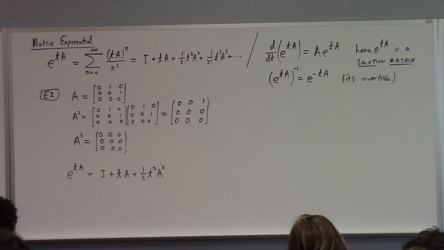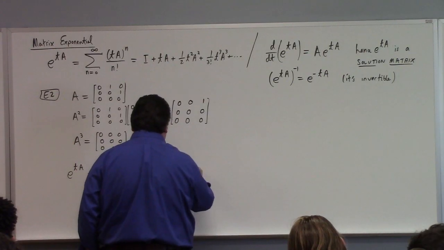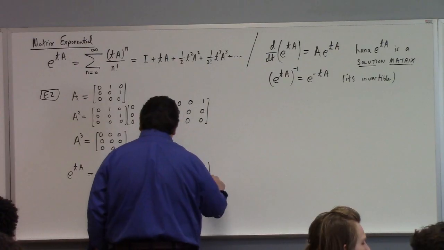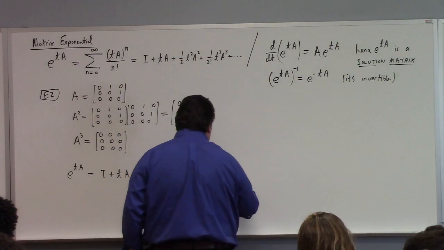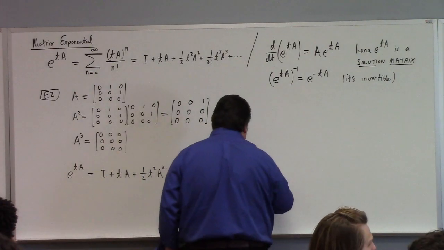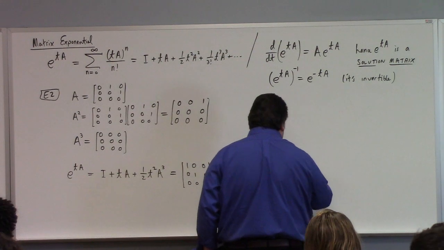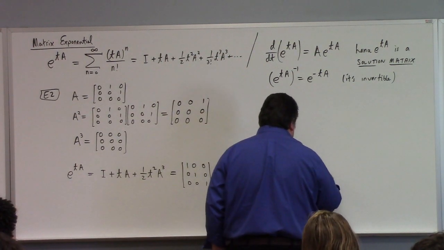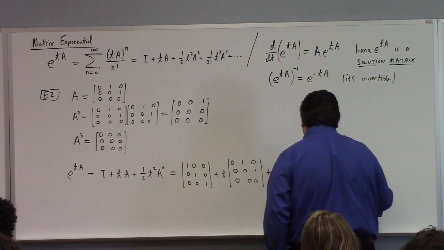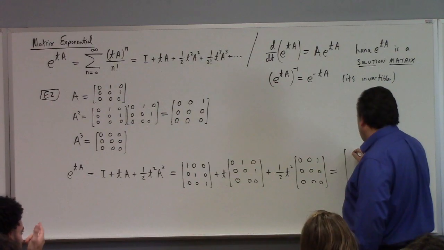All right? And so what we're looking at is 1, 0, 0, 0, 1, 0, 0, 0, 1 plus t times 0, 1, 0, 0, 0, 1, 0, 0, 0 plus 1/2 t squared 0, 0, 1, 0, 0, 0, 0, 0, 0.